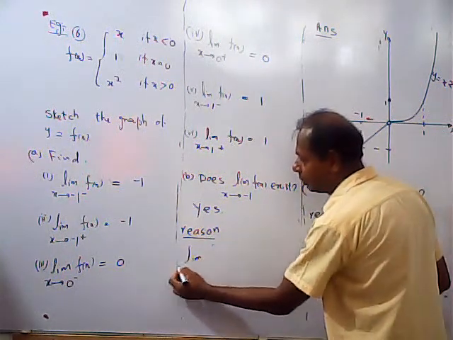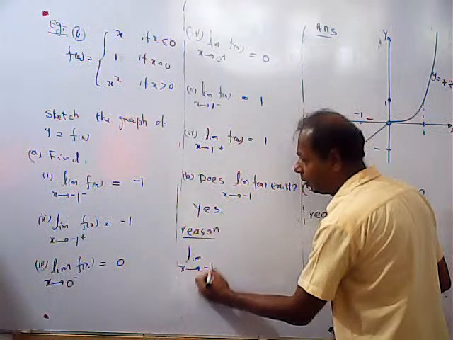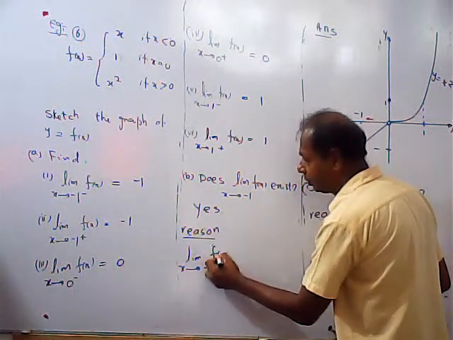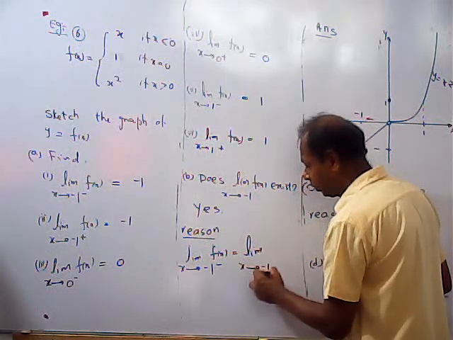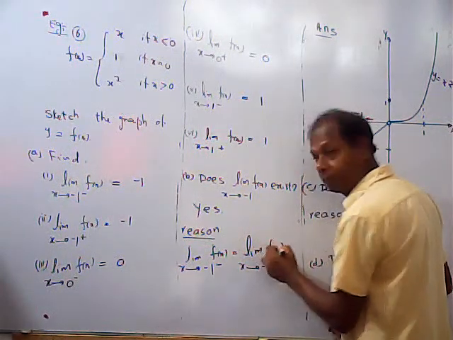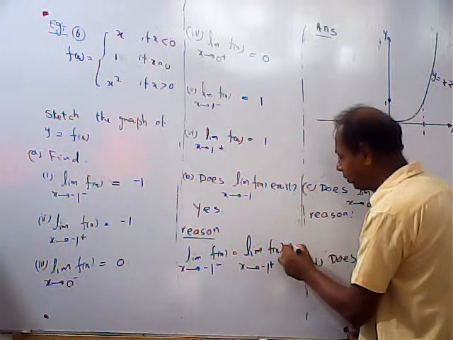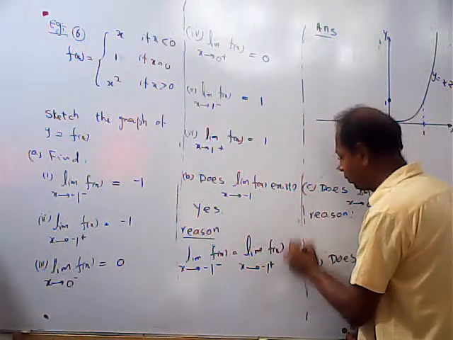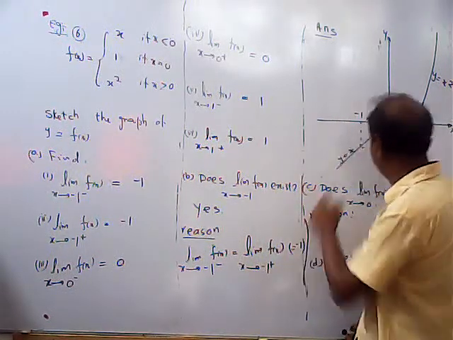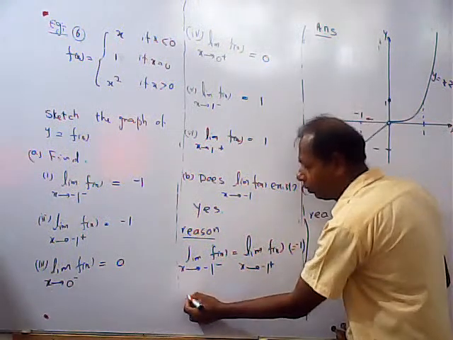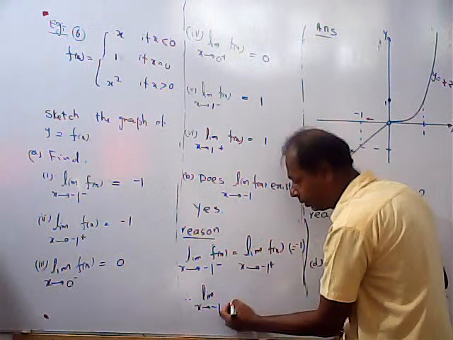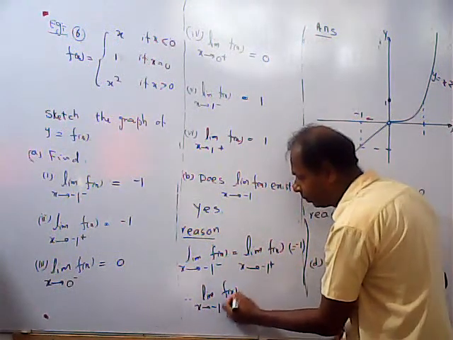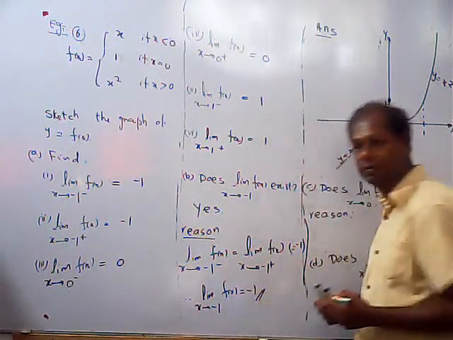So reason, the left limit at minus 1 is equal to the right limit at minus 1, and further it's equal to minus 1, therefore the limit of the function at minus 1 is equal to minus 1. This is correct.